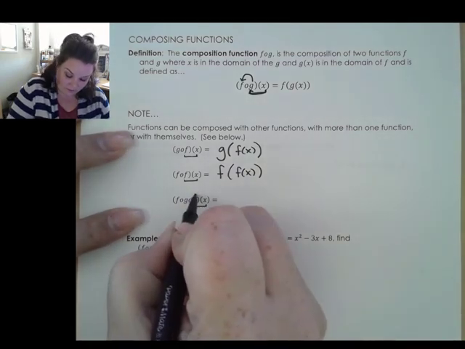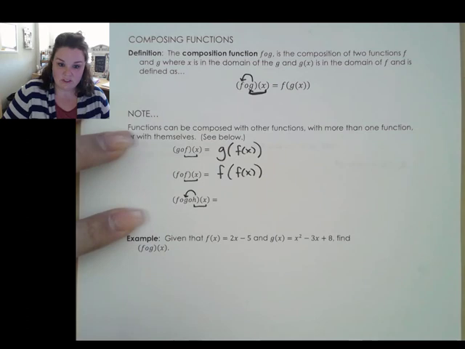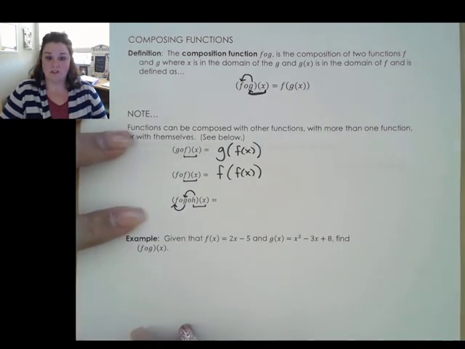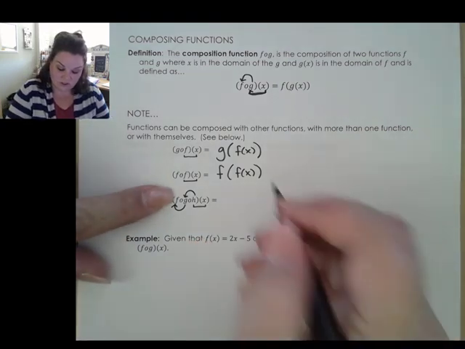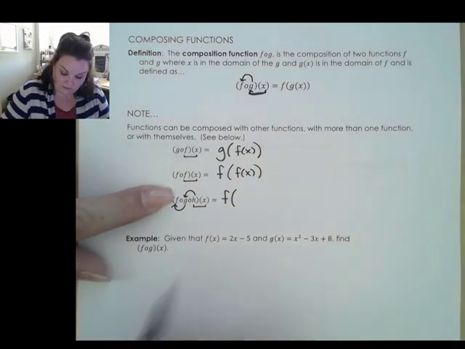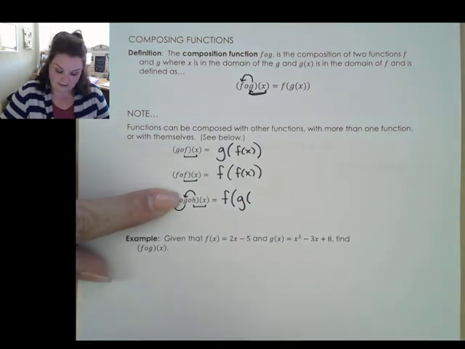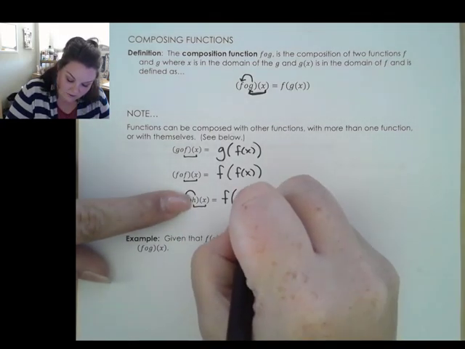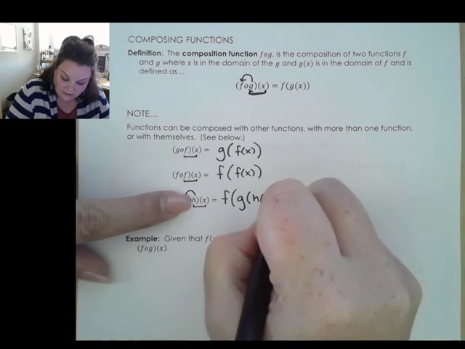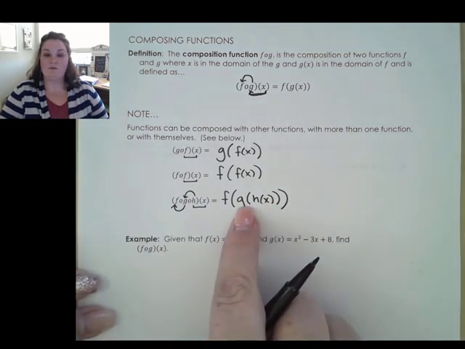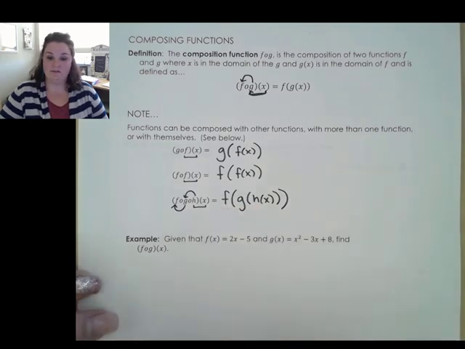That function is going to go inside our next function, and then that function goes inside our outermost function. So here our outermost function is our f function, right? And then our next function in is our g function, and then our innermost here is our h of x. So we would be plugging h of x inside our g function, and then whatever that equals, we would plug it inside our f function.